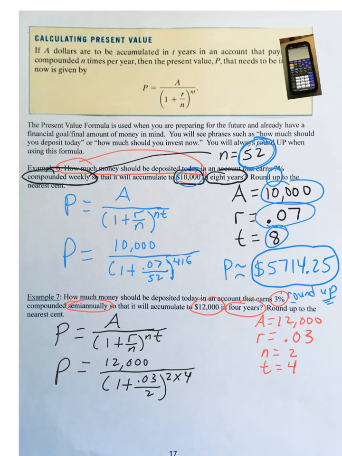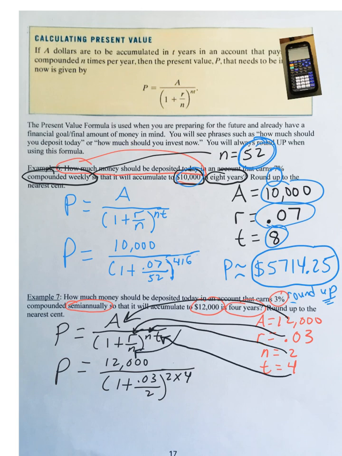I know I did that kind of fast, so we want to just verify. I just plugged all these numbers in. 12,000 went into A, 0.03 went into R, 2 went into both of the N's, T 4, so 4 went into T. I'm going to do the exponent first of 2 times 4, which is obviously 8.